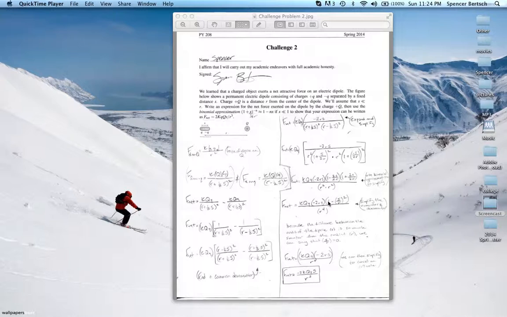It would be 1 in parentheses minus 0 squared, which is just 1. So this value gets completely gone, and then eventually you can simplify it down to KQQ minus 2RS over R to the 4th. Then you cancel the R's and you're left with this end here, which is what was represented in the problem.